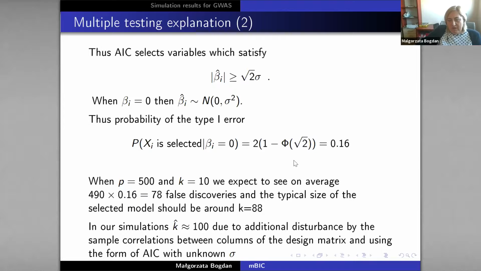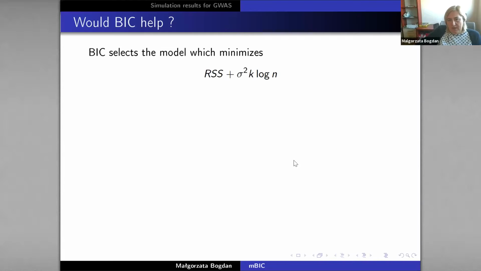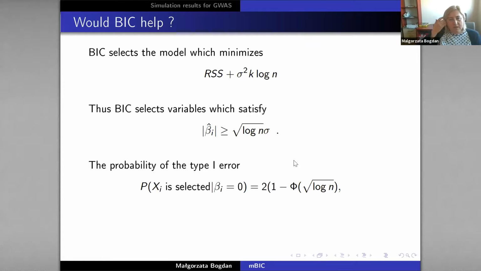So here we have a second criterion, which is called BIC. And BIC has a completely different origin. It comes from Bayesian statistics, and it is based on the approximation to the posterior probability of a given model. So in Bayesian statistics, we calculate such things as the probability that the model is true given the data.